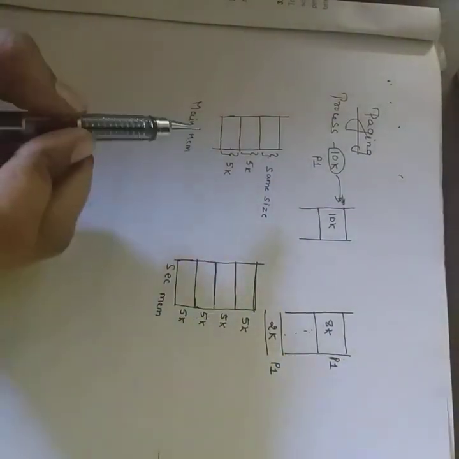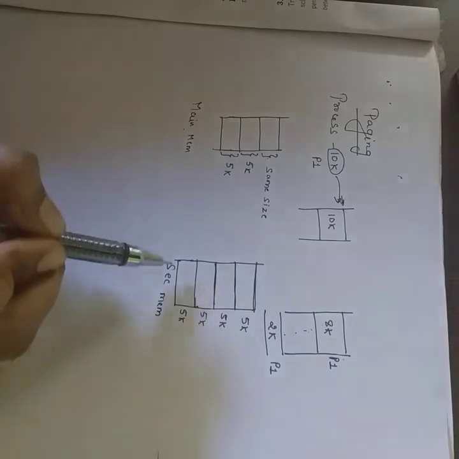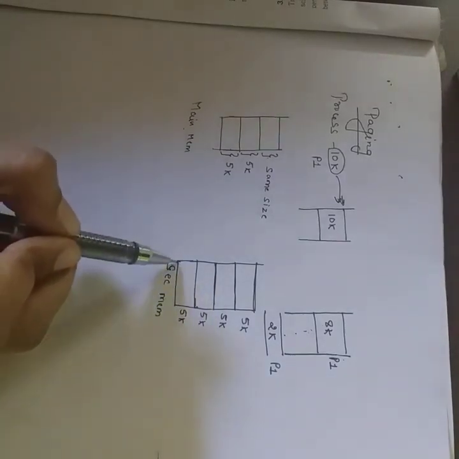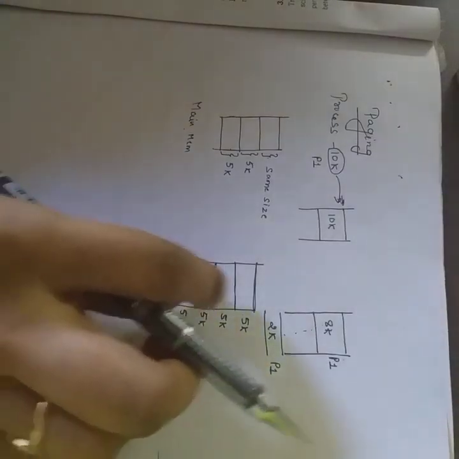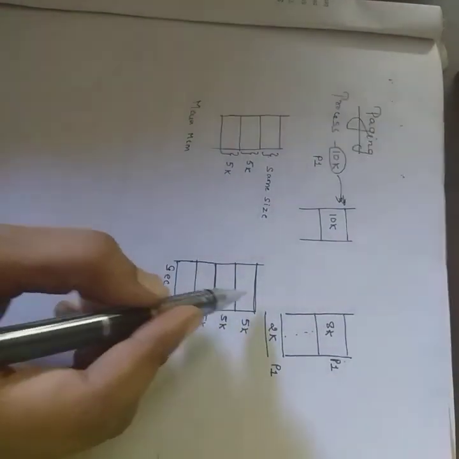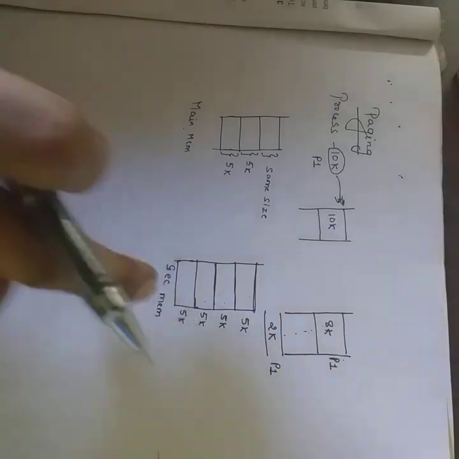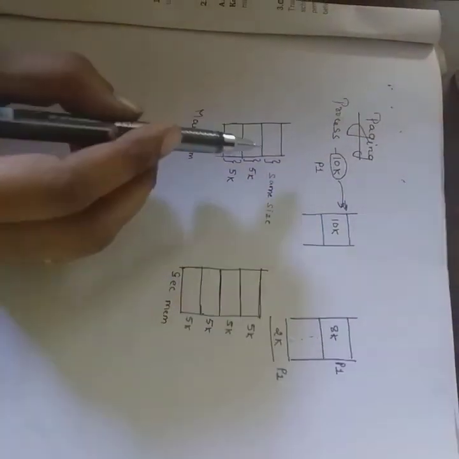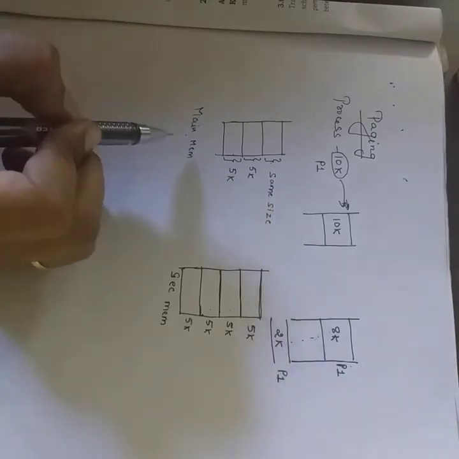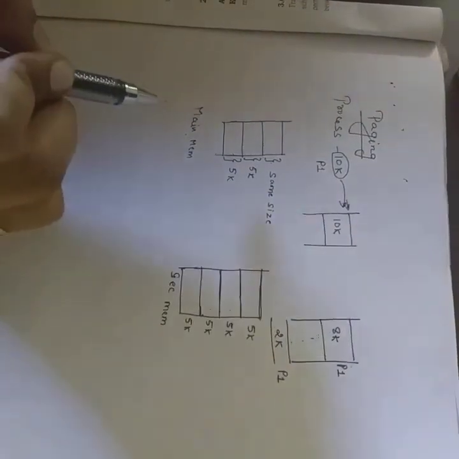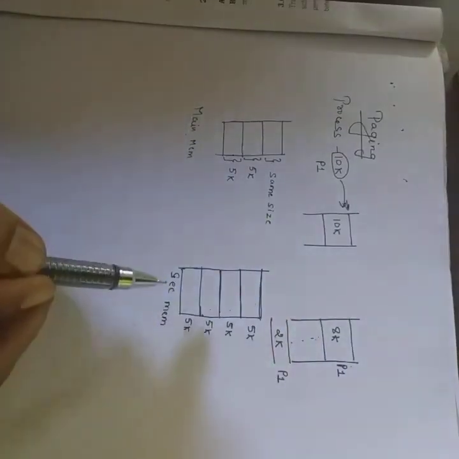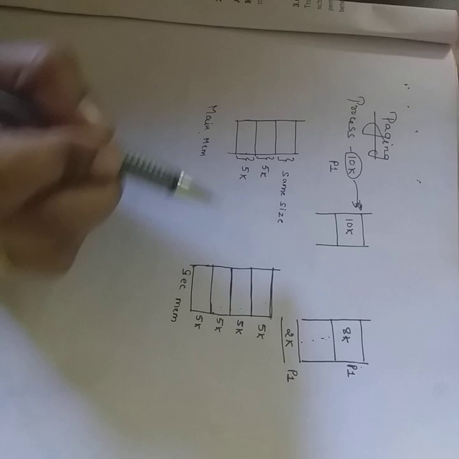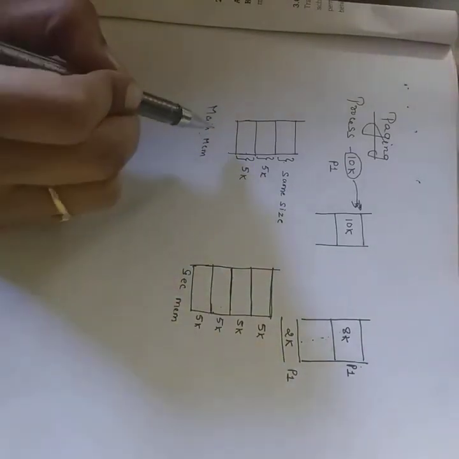So the main memory as well as the secondary memory are divided into fixed size blocks, each block of fixed size, and this we call paging. So if you consider the main memory and the secondary memory, they are divided into fixed size pages.